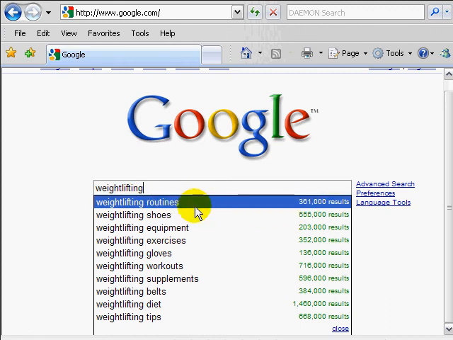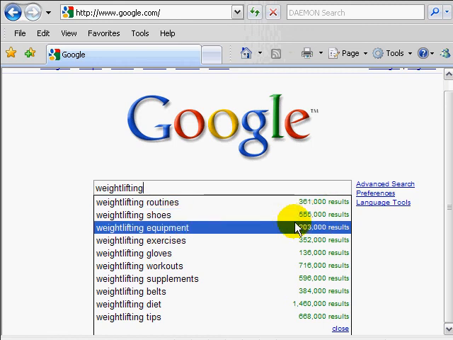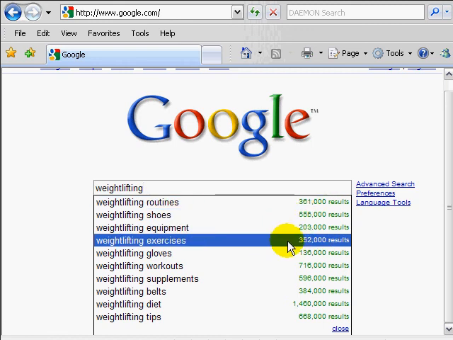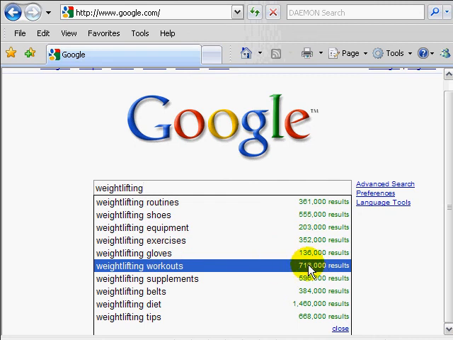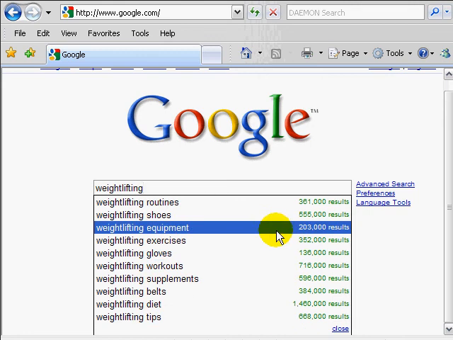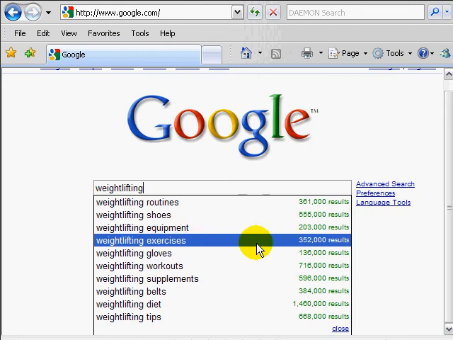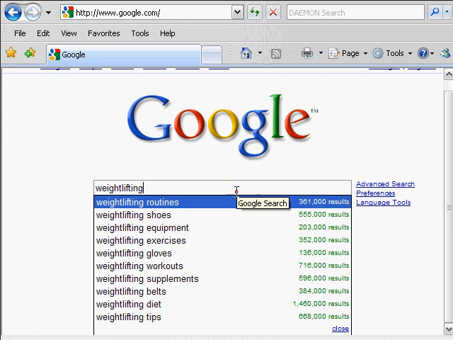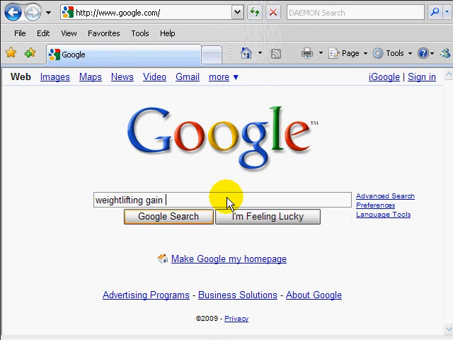Like weightlifting routines has 361,000 results. Weightlifting exercises, 352,000. Workouts, 716,000, and a lot more. So by just typing it into Google, it already tells you how many results are out there. So I'm going to get more specific by saying weightlifting gain muscle.